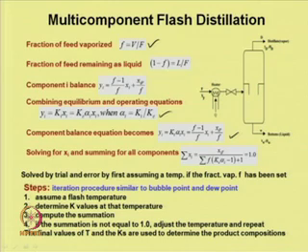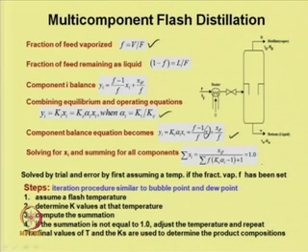And if we solve for x I and sum for all components, the summation over x I would be equal to x I F divided by the summation over f K C alpha I minus 1 plus 1, which would be equal to 1.